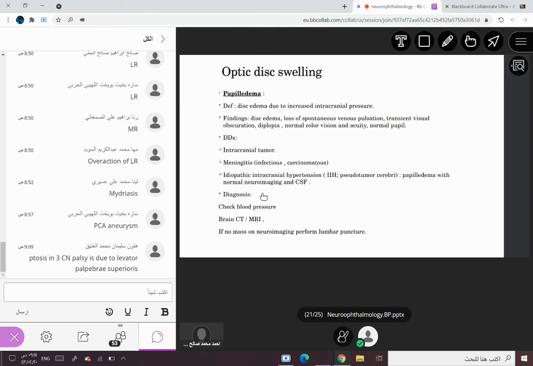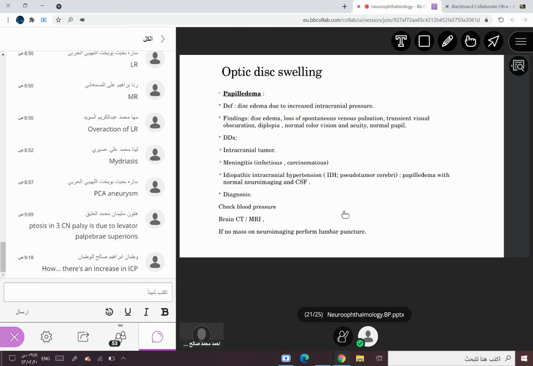How to diagnose it, or what is the workup to do? We have to check the blood pressure to rule out malignant hypertension. We have to do brain neuroimaging, and if there is no mass on neuroimaging, we have to do lumbar puncture to prove this is increased intracranial pressure.